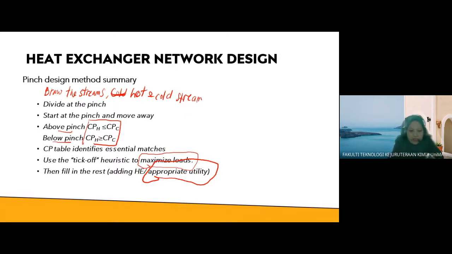Okay. So basically you just need to follow the rules, and then you can design your heat exchanger network and get the maximum energy recovery and achieve the minimum external utilities. Minimum QH and minimum QC.